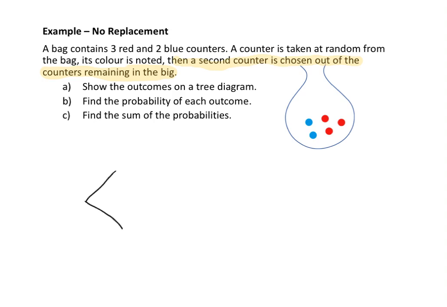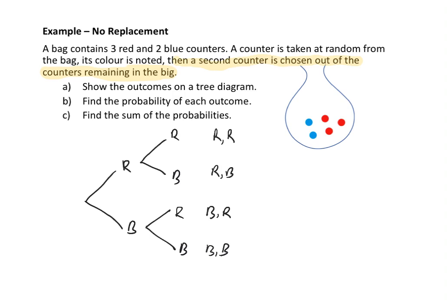I'm going to have a red and a blue, a red and a blue, a red and a blue. Now that I've done my tree diagram, I can go through and list my possible outcomes, and you'll notice that there hasn't been any change yet.